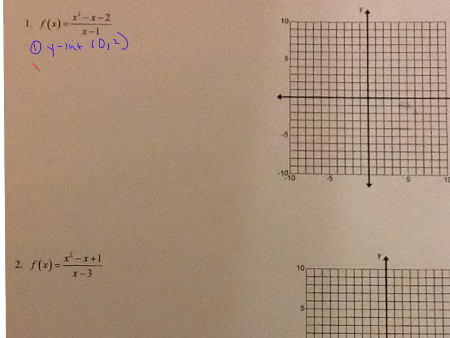Our x-intercepts are (2, 0) and (-1, 0). And now we want our vertical asymptote. So that's x is equal to positive 1. And then we want our horizontal asymptote.